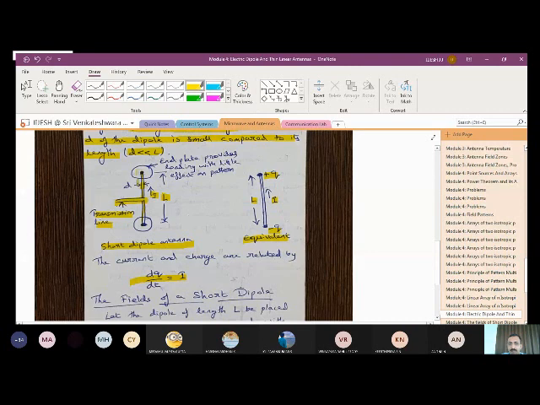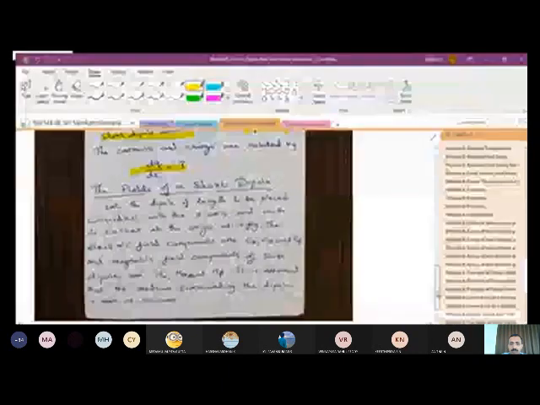That is how the short dipole antenna has to be defined. You can see the equivalent circuit here: plus Q and minus Q charge separated by a length L, and the current and charge are related by the equation dq by dt equal to I. This is what we discussed in the previous class.